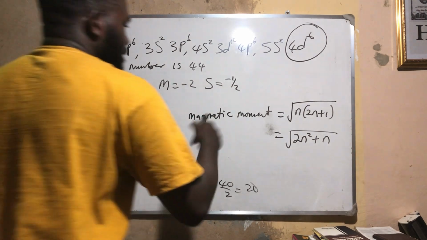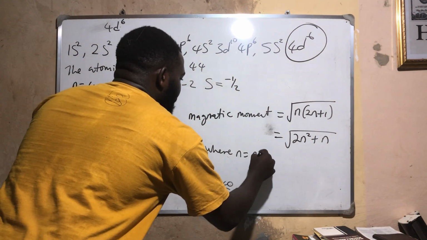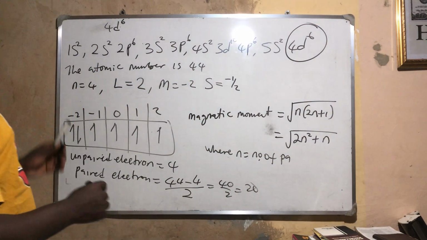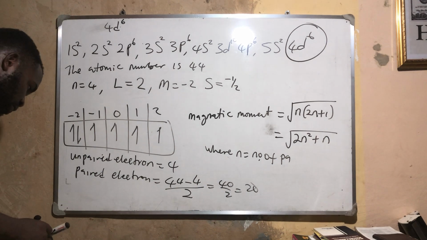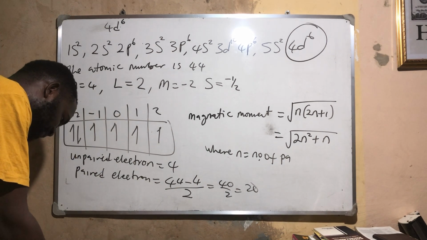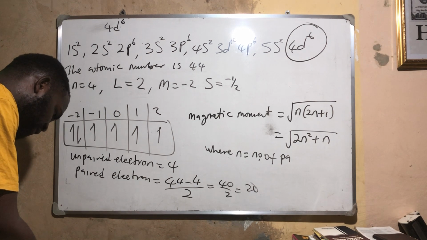And what is your n? Please note, is your n the number of paired electrons or the principal quantum number?